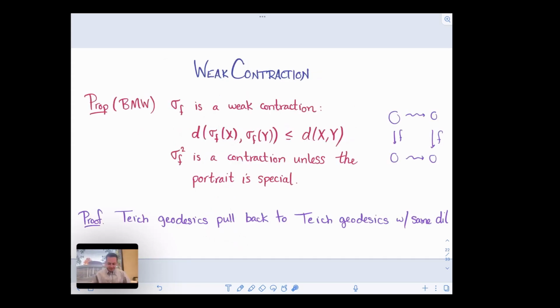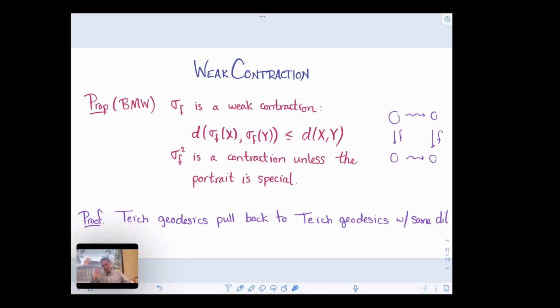And I attribute this proposition to me and Becca and Jim. It's not so different from what Douady and Hubbard do, but it's a slightly stronger statement: the pullback map is a weak contraction. The Douady and Hubbard proof uses an infinitesimal point of view.